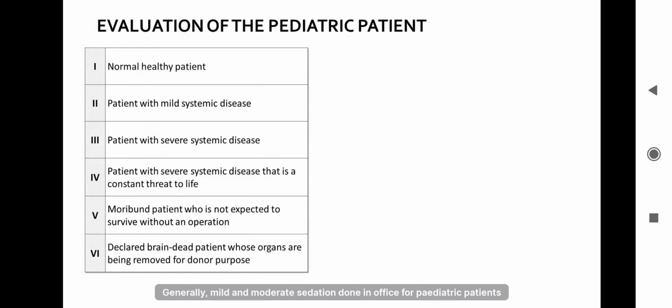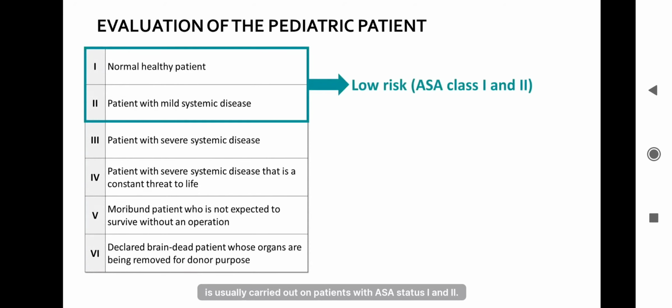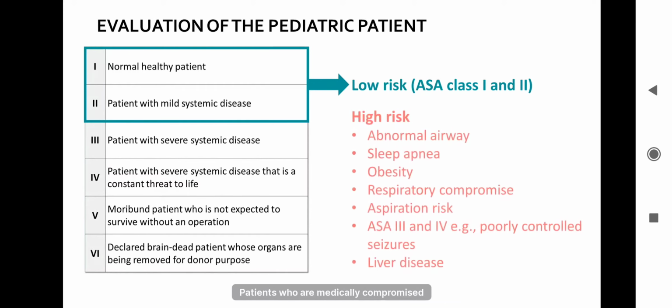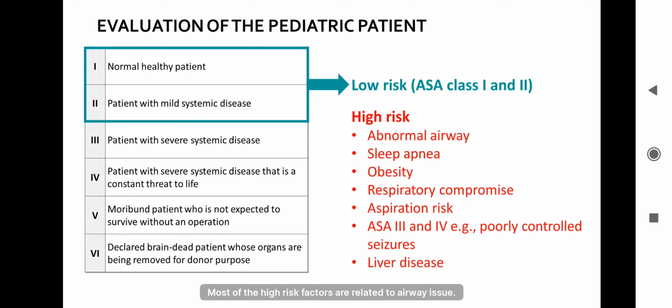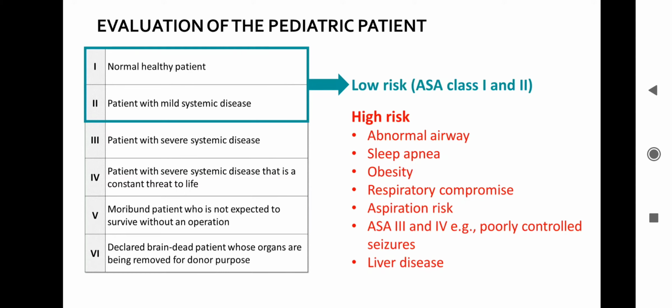Generally, mild and moderate sedation done in office for pediatric patients is usually carried out on patients with ASA status 1 and 2. Patients who are medically compromised, such as those with poorly controlled seizures or type 1 diabetes, are poor candidates due to fasting requirements. Most of the high-risk factors are related to airway issues. This is because of the decreased protective reflexes and lowered patency of airways due to the sedative agents.